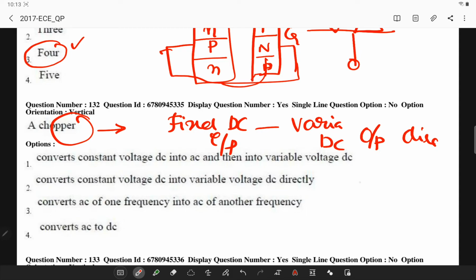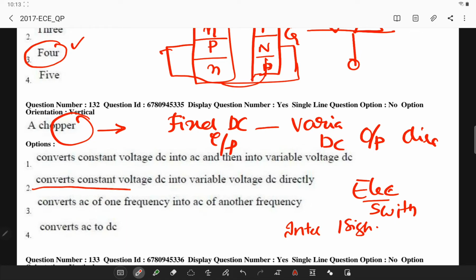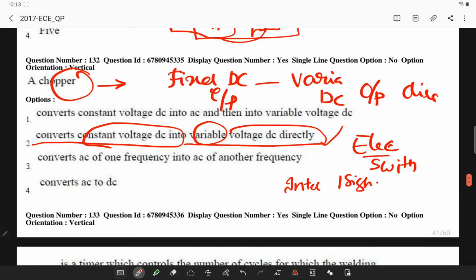Essentially, a chopper is an electronic switch which is used to interrupt one signal under the control of another. So it converts a constant DC voltage to a variable voltage directly. What is your fixed DC? It will look something like this, fixed DC, whereas variable DC will be like a pulse waveform.